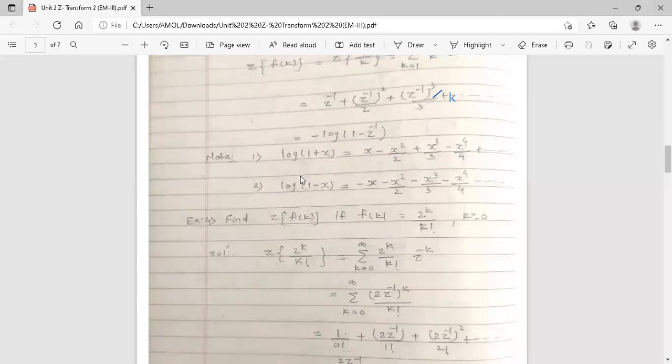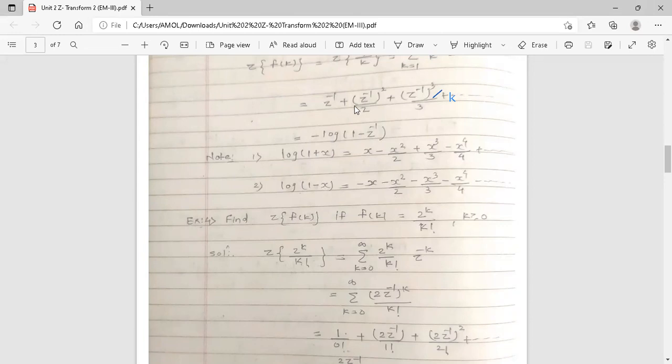Now you know the series, so why is it z raised to minus 1? This series is minus log of (1 minus z raised to minus 1) because of the results: log of (1 plus x) is x minus x square by 2 plus x cube by 3 minus x to the power 4 by 4 plus and so on. Log of (1 minus x) is minus x minus x square by 2 minus x cube by 3 minus x to the power 4 by 4 and so on. So we are using the second formula here.